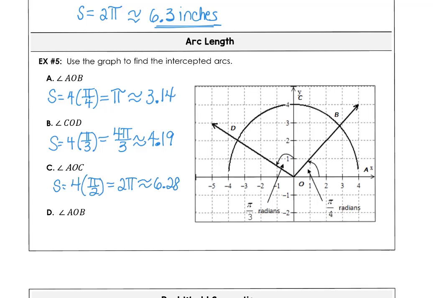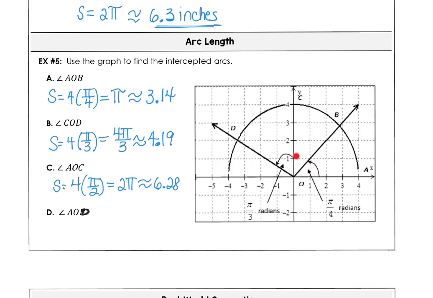And lastly, that's a typo on part D. It should be asking us to look at angle AOD. So we've got to add up the angle all the way over here. So if this is pi over 4, this is pi over 4.